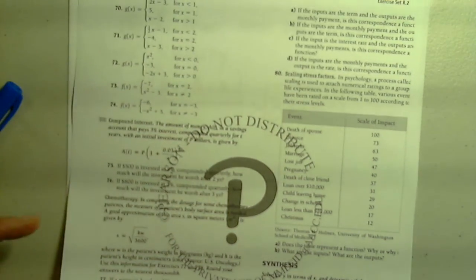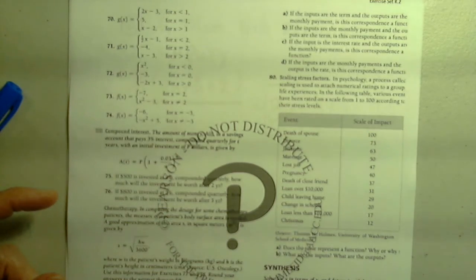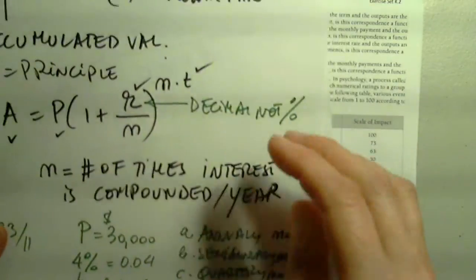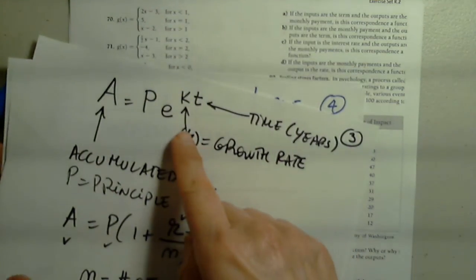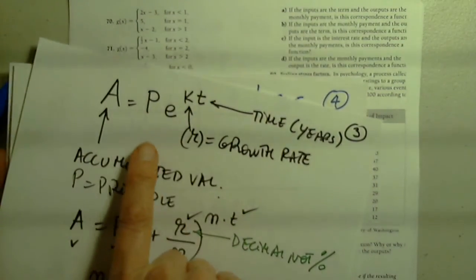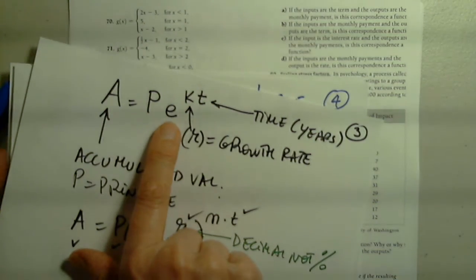What else did I want to do here? Notice that I did not give an example. I just want you to know that compound interest can be determined continuously and n times a year. I did not give an example of this kind because we are going to talk about the exponential function in detail in chapter 2.